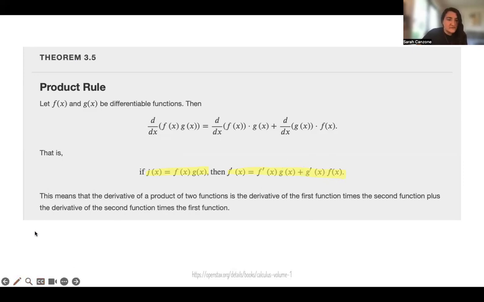So what this means, in my little trick, is: if you consider this function the first function and this function the second function, the trick that I learned to memorize this is the derivative is the first times the derivative of the second plus the second times the derivative of the first.